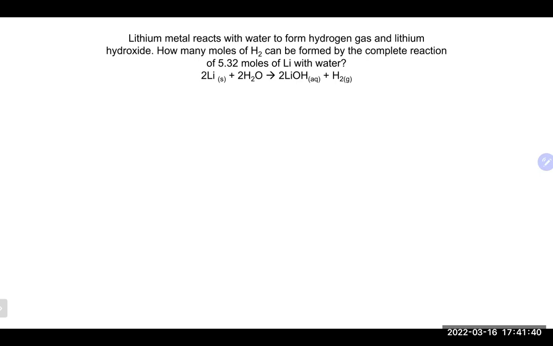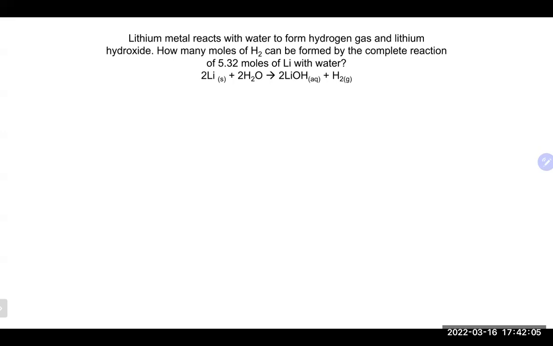stoichiometry. And remember, stoichiometry is really nothing more than a conversion problem. The main difference is instead of going to a table and looking up a conversion factor, you get the conversion factor from the balanced equation. And it's just the coefficients from the balanced equation, which represent what is referred to as the mole-to-mole relationship between the two things.